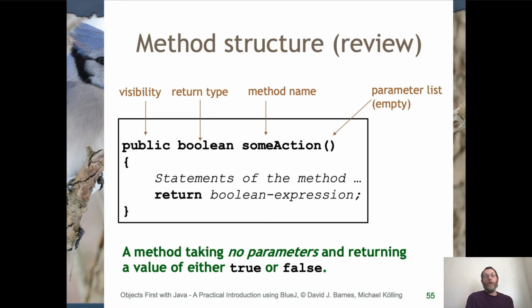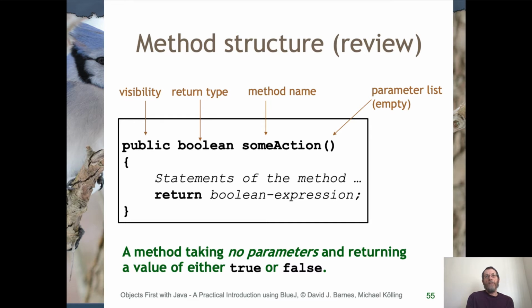Here's an example of a method that in fact does return a value, a data value to its caller. And I've chosen, just for the sake of variety, to indicate that this method will return a value of Boolean type. In other words, the return statement inside the body of the method is going to return a value that is either true or false.